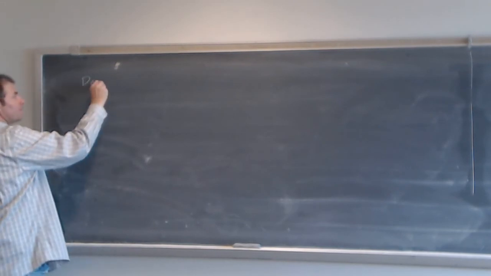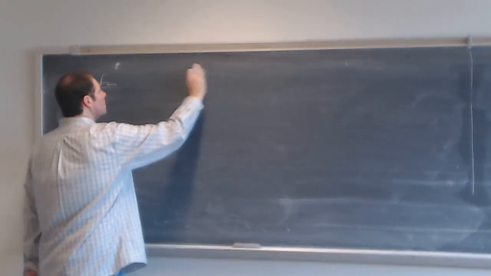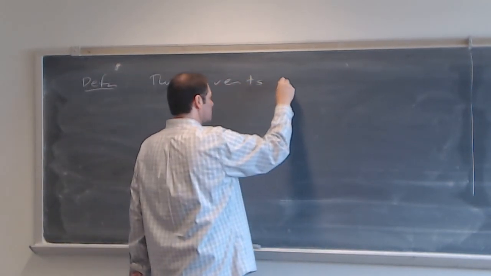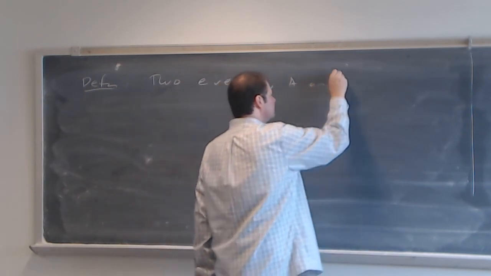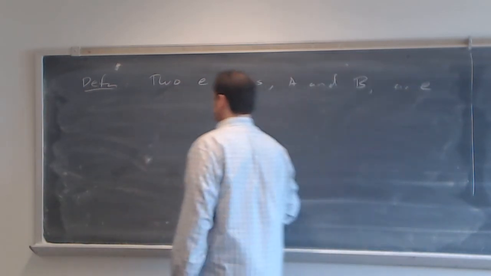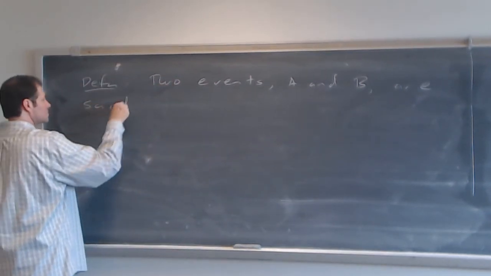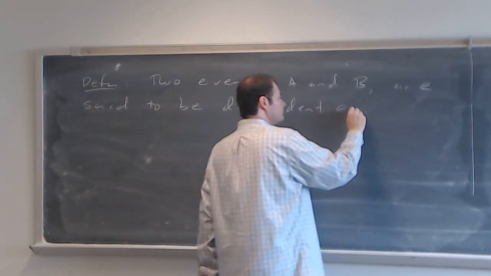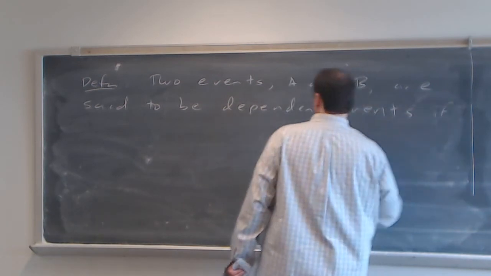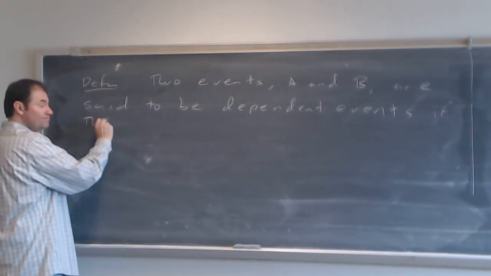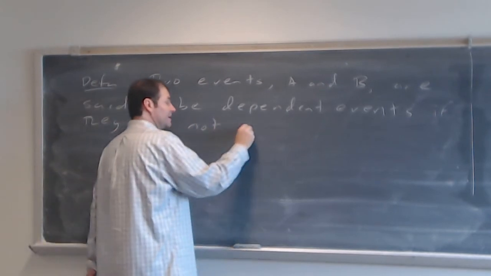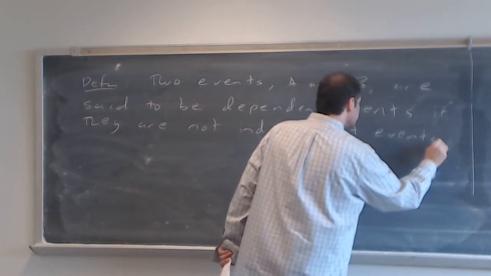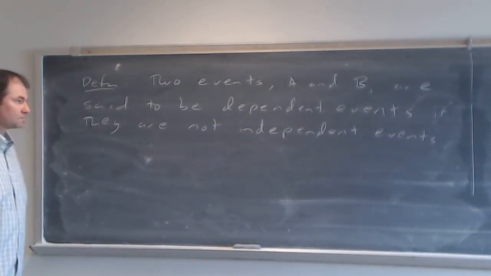So as a definition, two events, A and B, are said to be dependent events if they are not independent events. Let's look at the two examples.